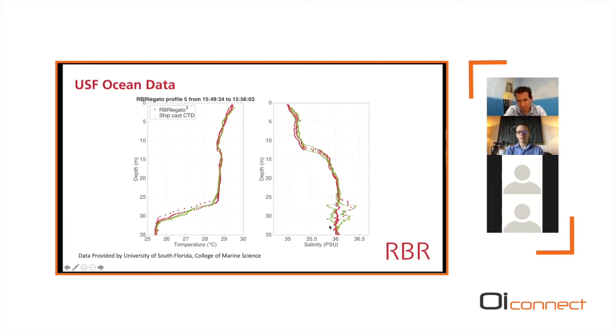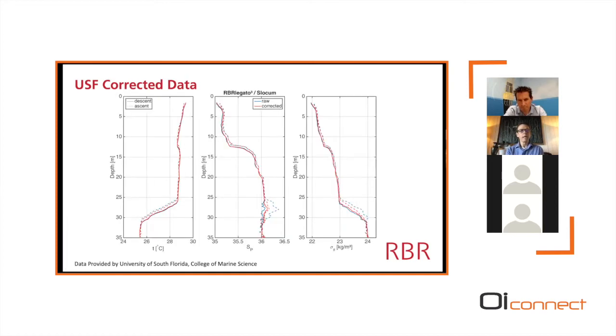And there's a bit of movement there in the salinity of the ship cast, and it's hard to tell what was happening at that level. But you can see that the Legato remains fairly stable. There is a correction in the data now. That's spiking there.